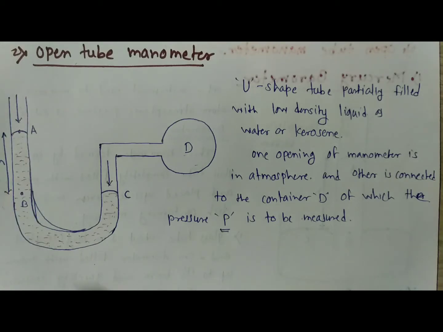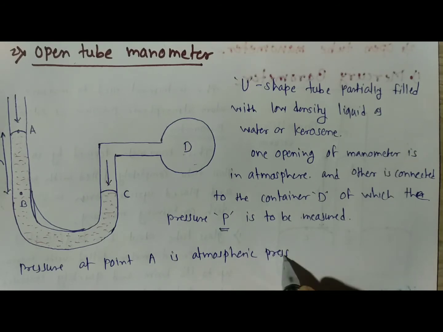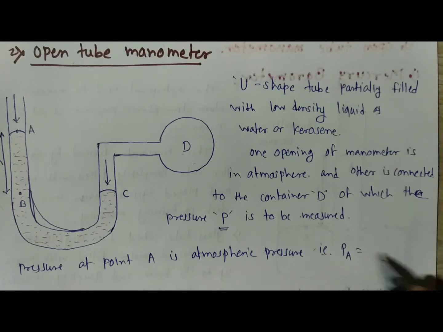Right now the pressure at point A is atmospheric pressure, that is PA is equal to P0.